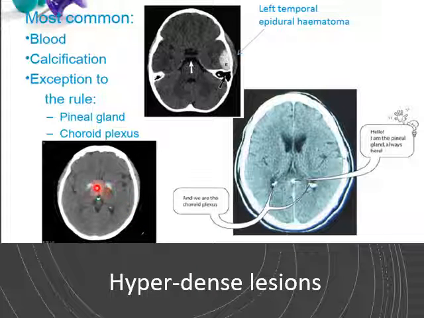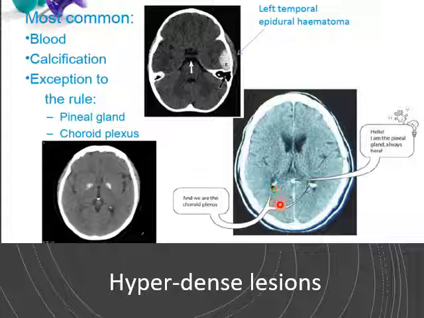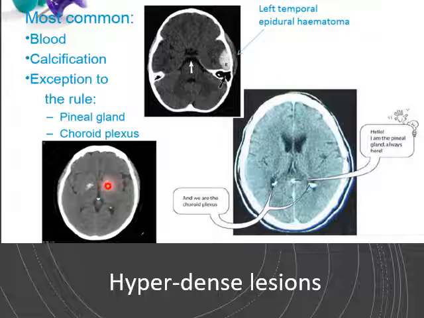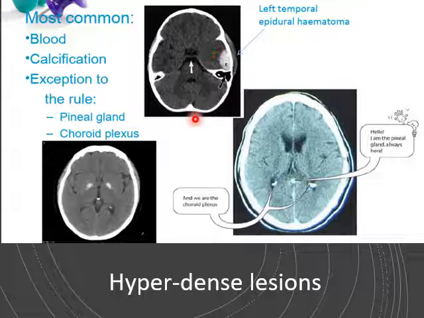This is abnormal calcification in the basal ganglia, and this is normal calcification. Normal calcification may be present in the pineal gland here and in the choroid plexus. So these are normal sites for calcification, the choroid plexus and the pineal gland. And this calcification may be abnormal. Another example for hyperdensity may be the blood.